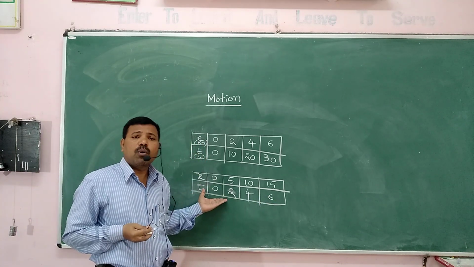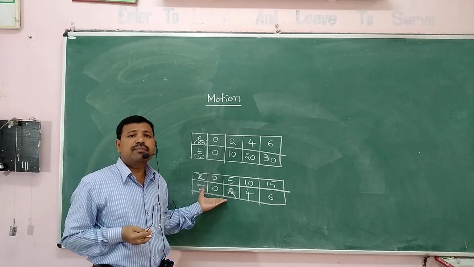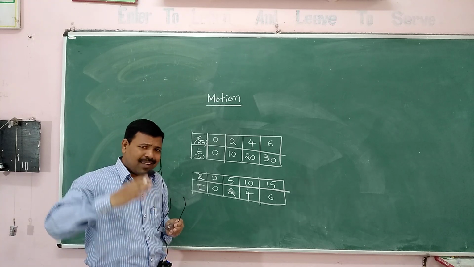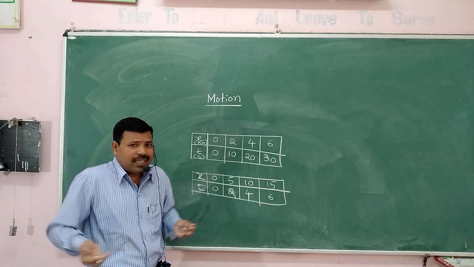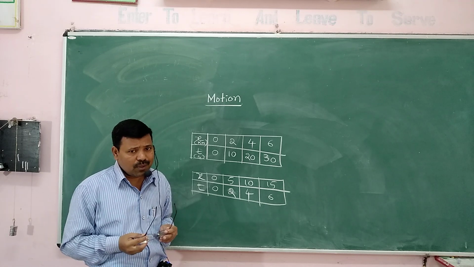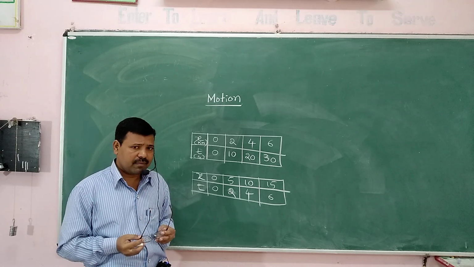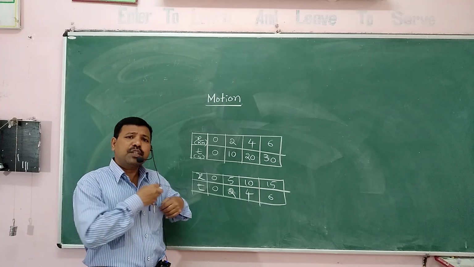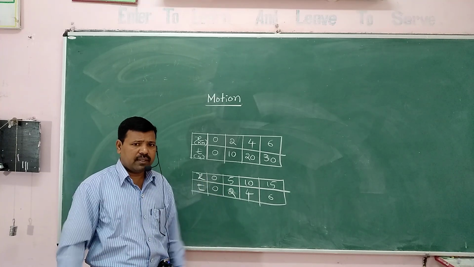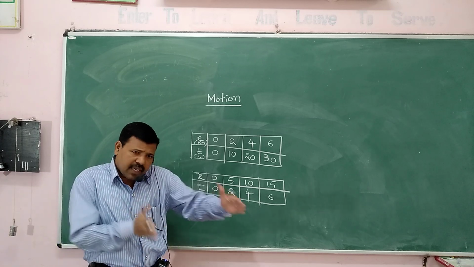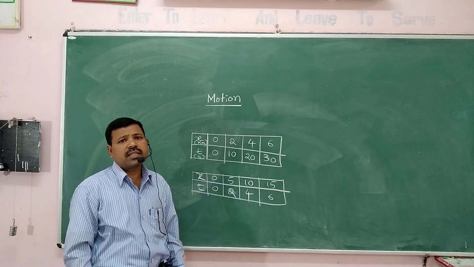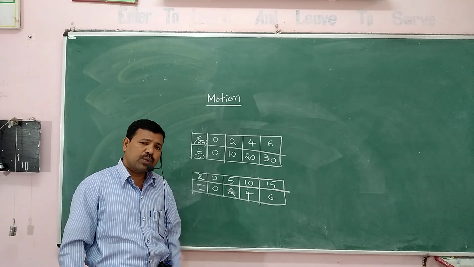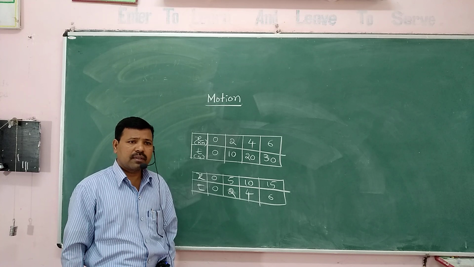Such a body is said to have uniform motion. If any body covers equal distances in equal time, the body is said to have uniform motion. For example, a troop, soldier or NCC cadets cover equal distances in equal time. The body is said to have uniform motion.